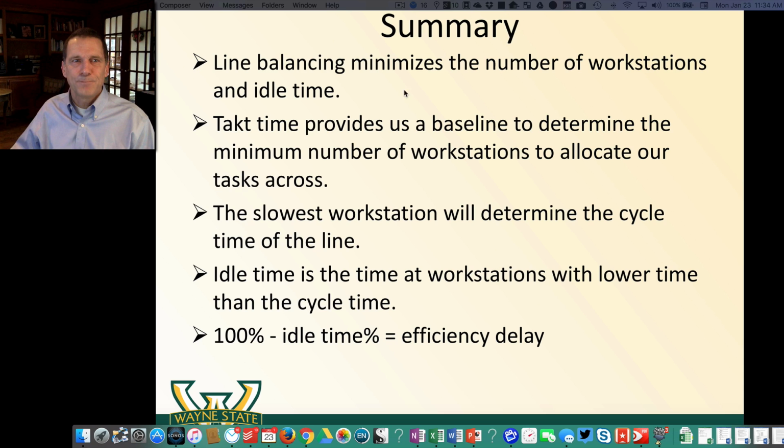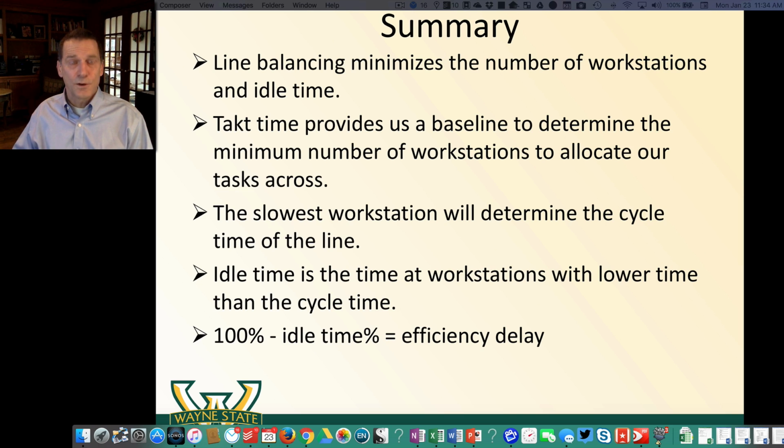So in summary, line balancing minimizes the number of workstations and the idle time, and it increases the efficiency. It's combining tasks to reduce idle time and improve efficiency. Takt time provides us a baseline to determine the minimum number of workstations and allocate our tasks across those workstations.